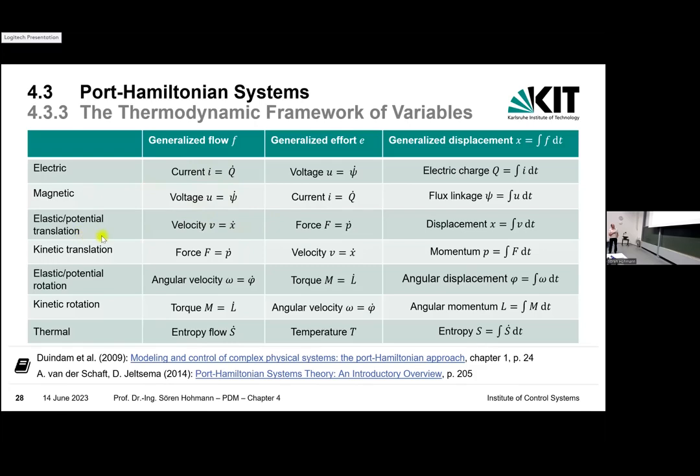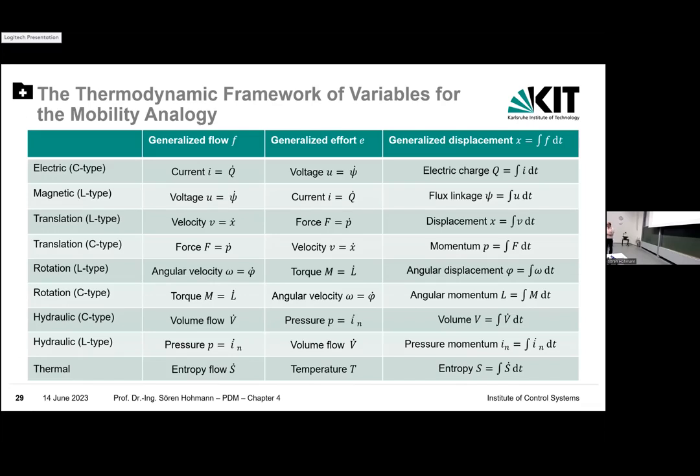And for the mechanical part, if we look at potential energy or potential translation, if you like, elastic translation, then we define velocity as our flow variable. And if we look at kinetic objects, then we use the force as our flow variable. With this in mind, we can either mix up the variables ourselves, or we put a generator in between, like putting an L type, C type, storage type thing I discussed now.